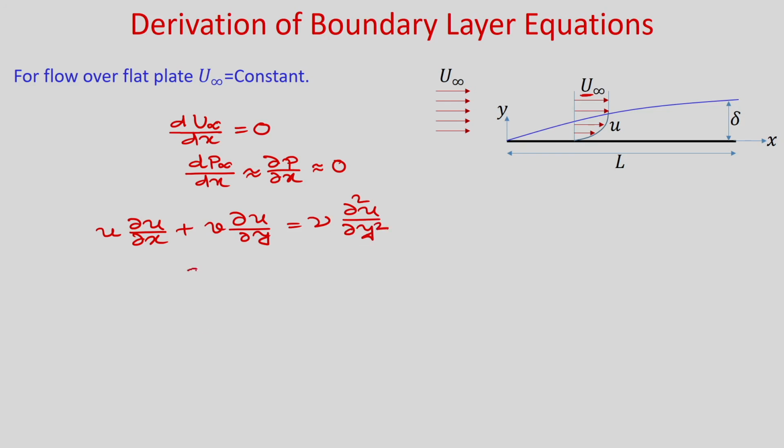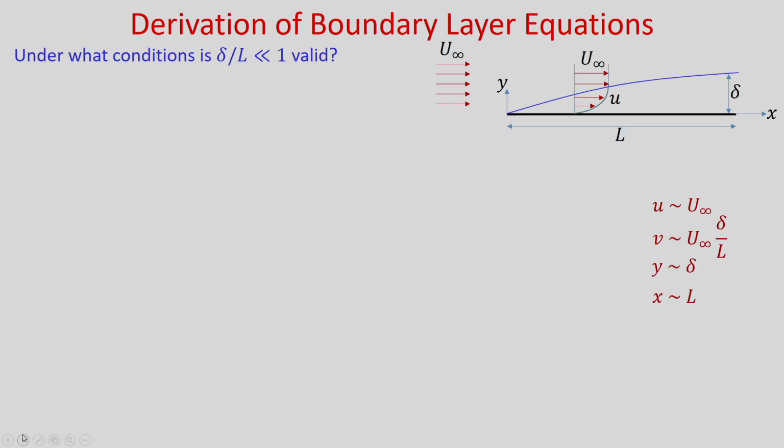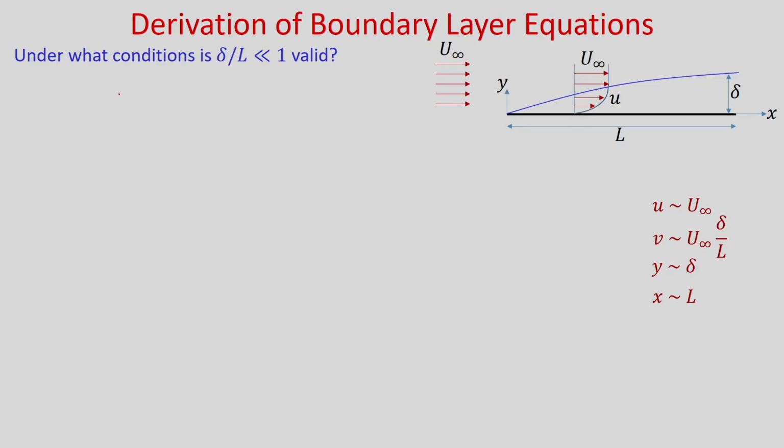And we have del p by del y as 0. Now we postulated that delta by L is much smaller than 1. Under what condition is this valid? For this, let us compare one inertia term with the viscous term.